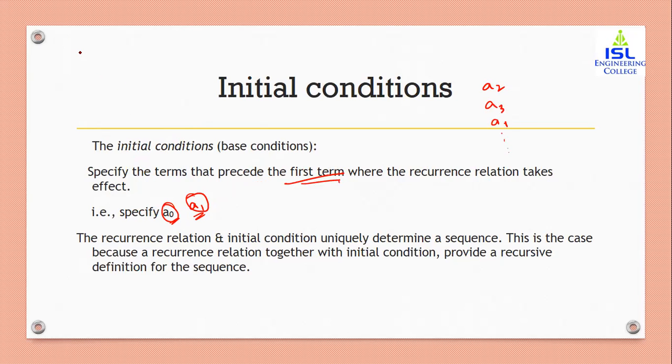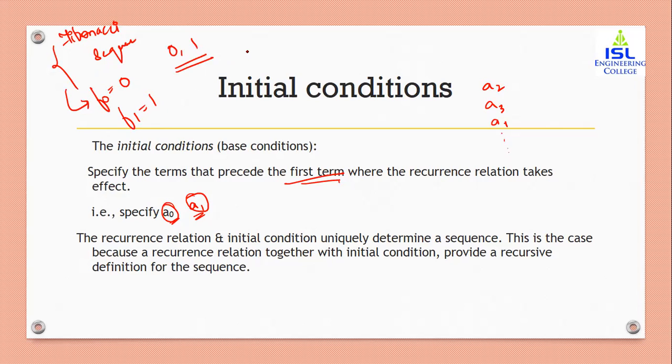The best example to explain initial condition is the Fibonacci sequence. In the case of the Fibonacci sequence, what was the initial condition? F0 was 0 while F1 was 1. Okay, 0 and 1 are the two initial conditions.